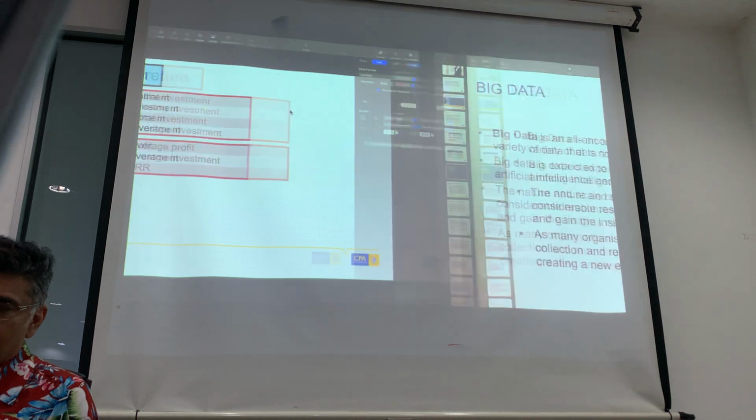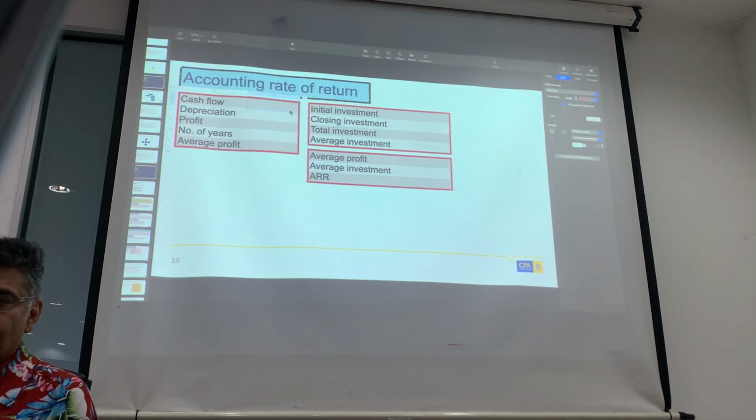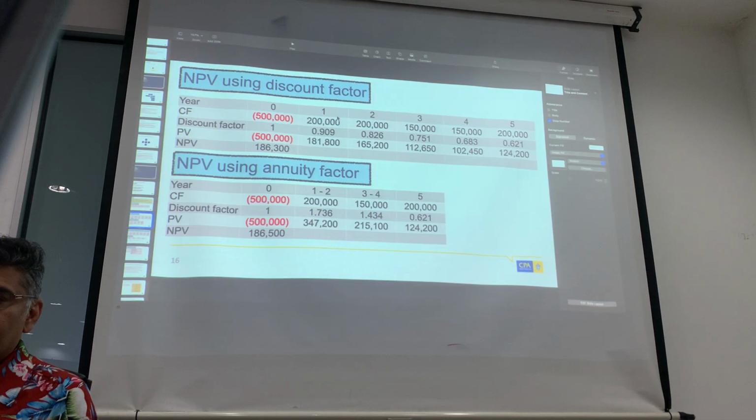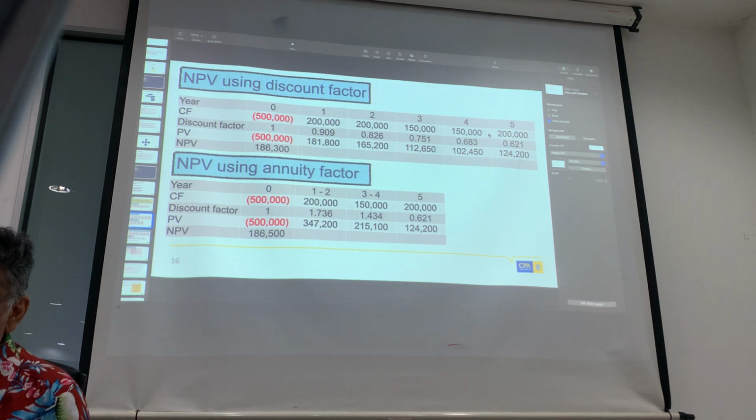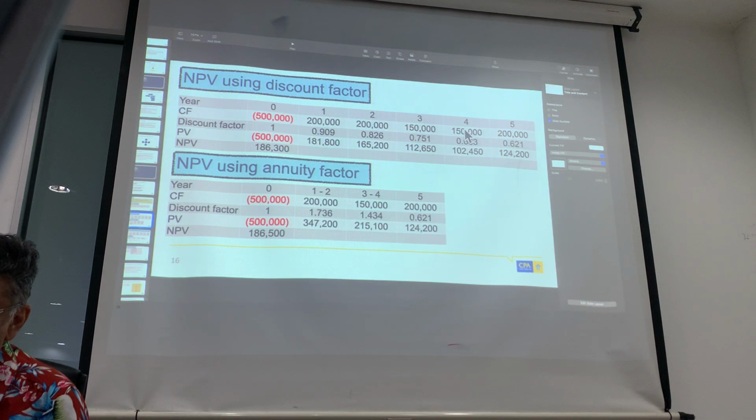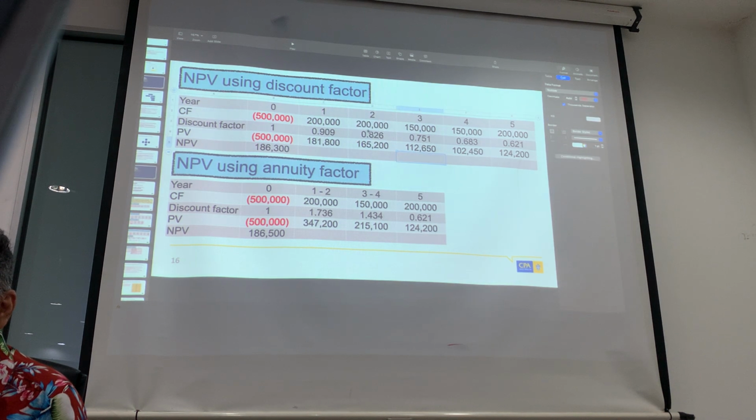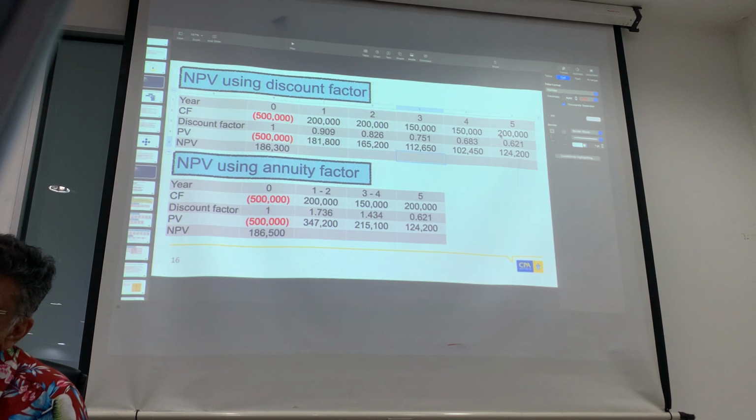Total cash flow is going to be 1, 2, 3, 150 times 3 is about 450, plus 400, so 850.